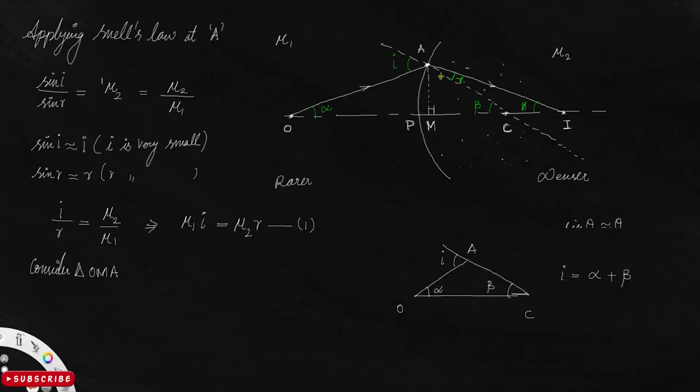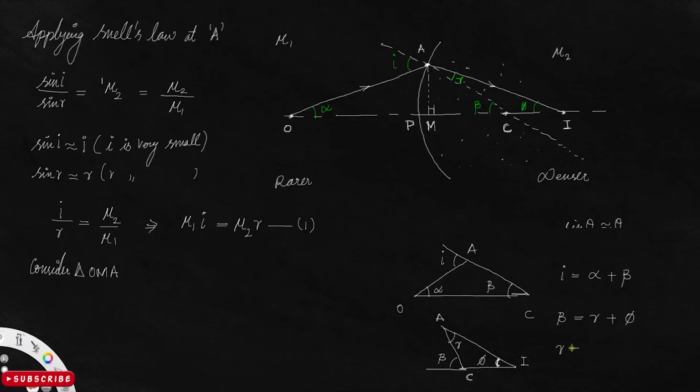Similarly, when I consider this triangle AIC, this angle is beta, this one is R and this one is phi. Here the exterior angle is beta, so I can write beta equals the sum of the other two interior angles, R plus phi.